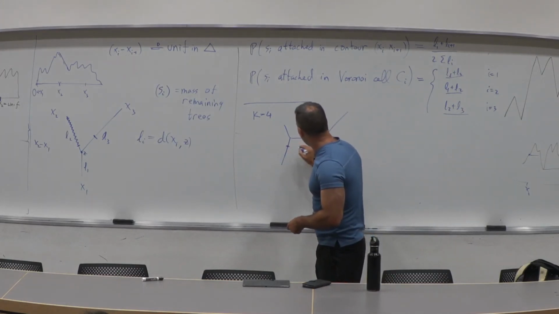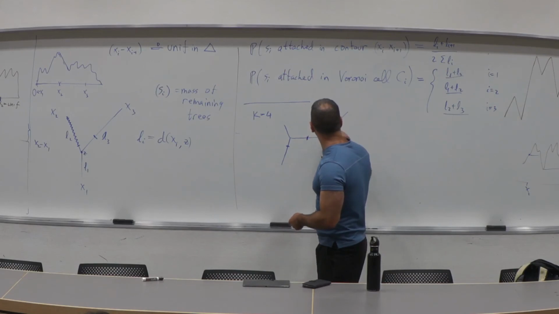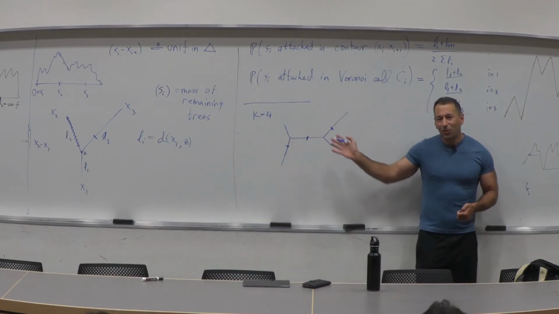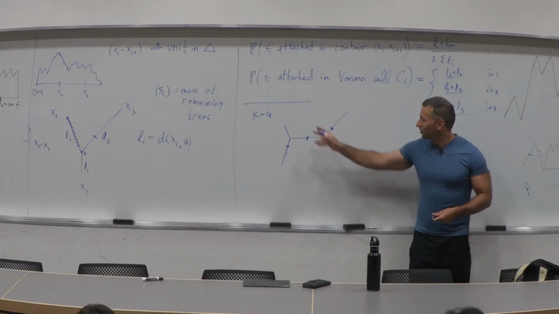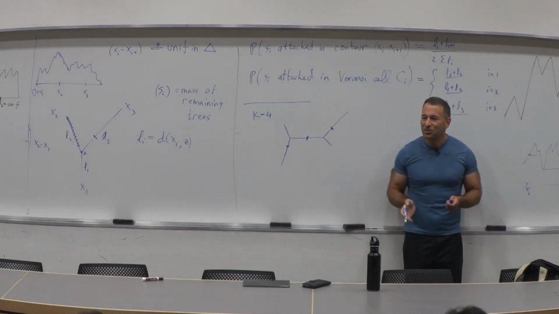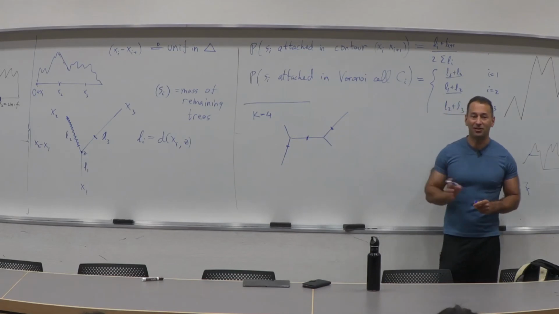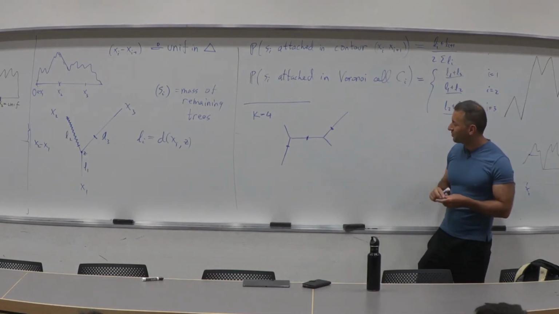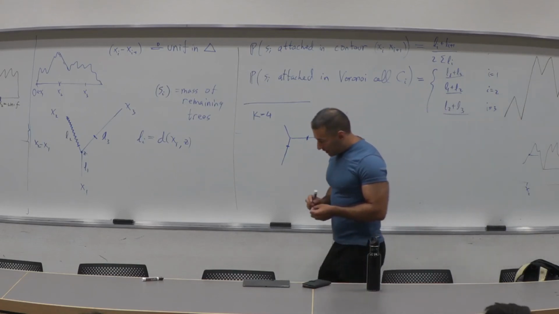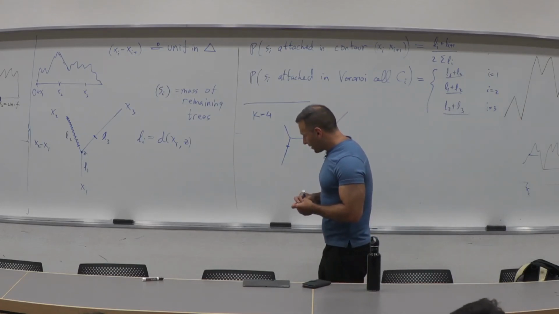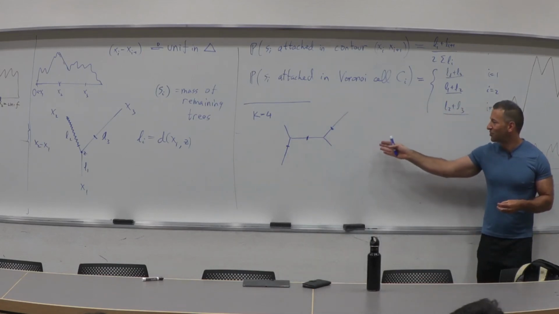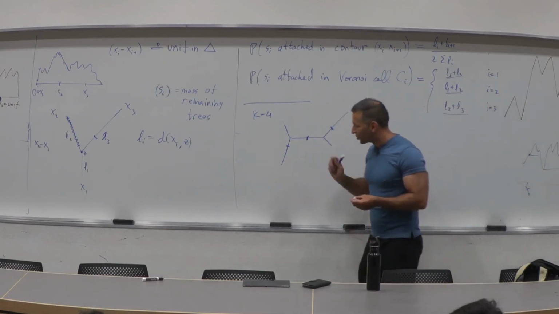So I have some partition maybe here and here and here into the 4 Voronoi cells. And I can compute their lengths, and I can compute the length of the contour segments, and it's not going to be the same thing. So we don't get the same distribution, or for a given tree, we don't get the same distribution. So if I condition on the 5 lengths, it's not the same.